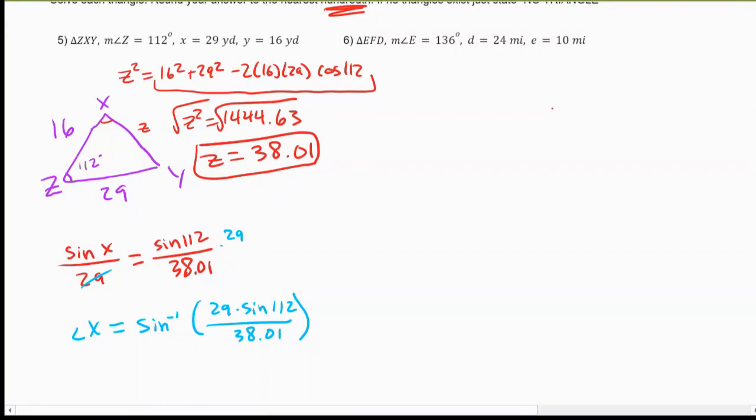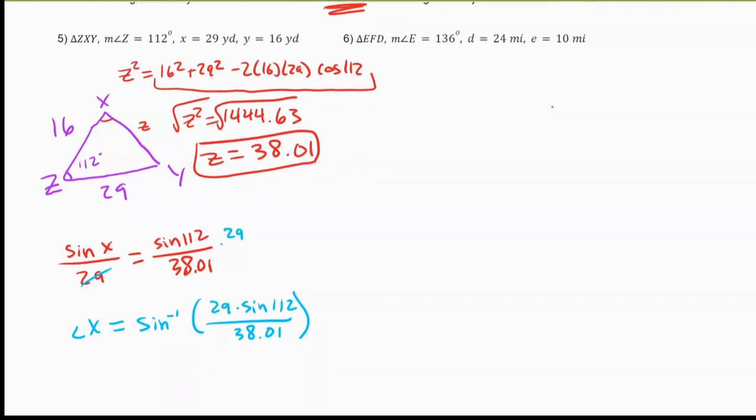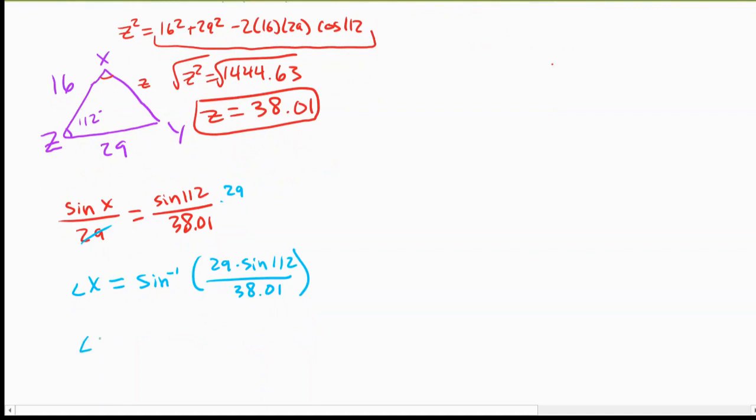So when I plug this in, 29 times sine of 112 divided by 38.01, looks like I'm getting about 45-ish, but it's angle x equals 45.02 rounded to the nearest hundredth. And now that I have angle x and angle z, I'm going to find angle y by subtracting from 180.